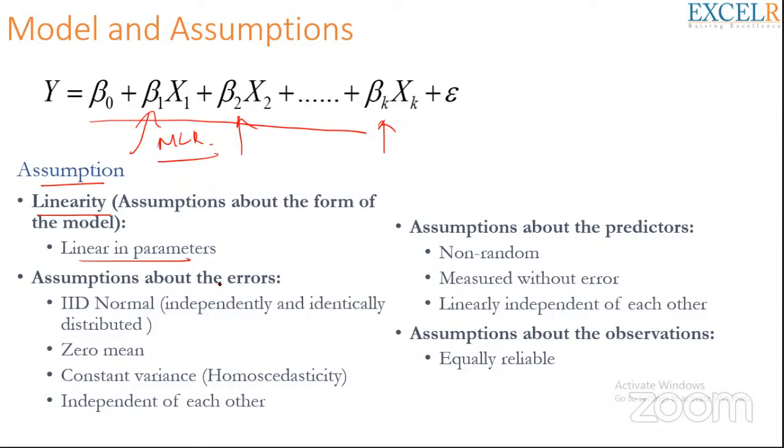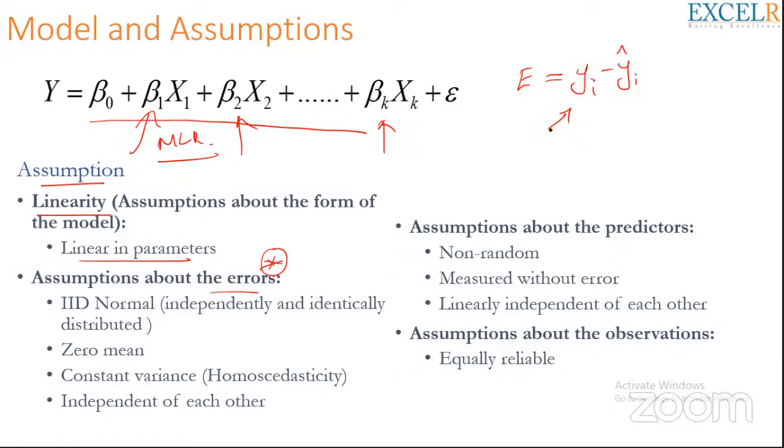The second assumption is about the errors, and this is very important, and we are going to spend a good amount of time on these assumptions about the errors. Okay, first let us understand what the errors are. How do you find out errors? So errors are nothing but yi minus yi hat. What is yi?